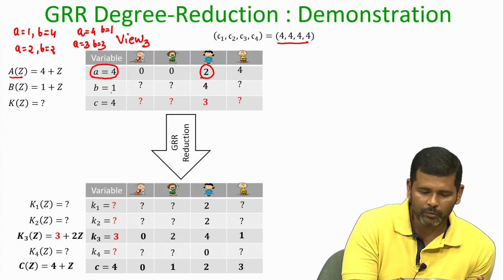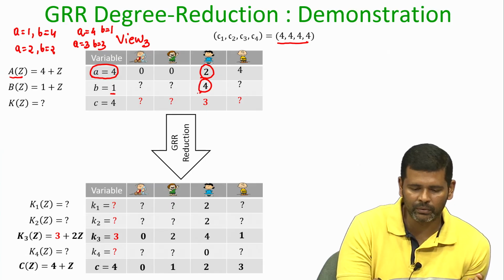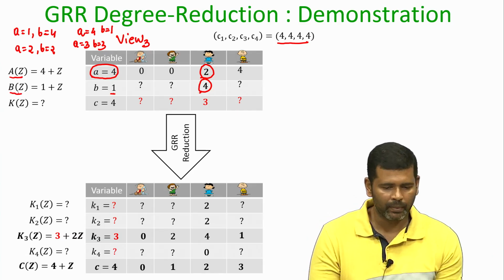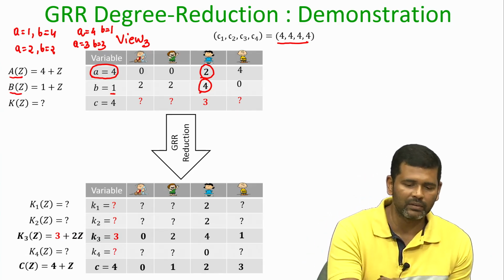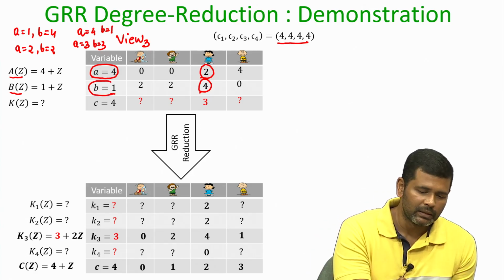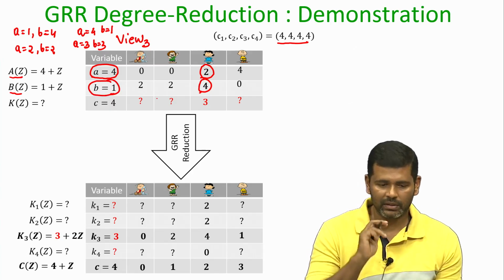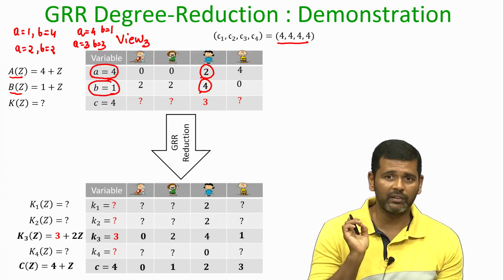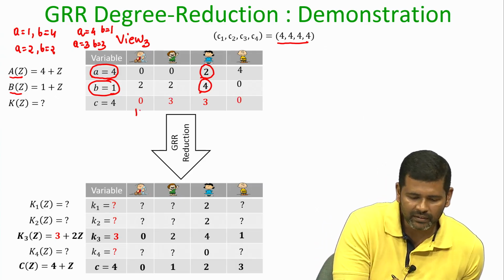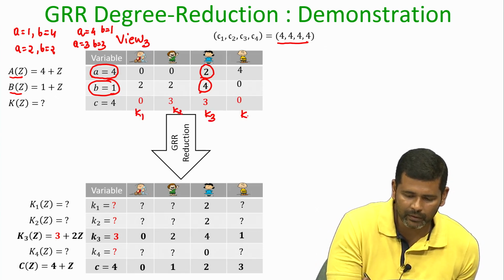And if she fixes B equal to 1, then given that she has seen the share 4 for that unknown B, that freezes the B polynomial to 1 plus Z in her view, and that also freezes the shares that the other parties would have obtained for that unknown A and B. Then once the shares of A and B are fixed with respect to whatever hypothesis P3 is making in her mind, that also fixes K1, K2, K3, K4.